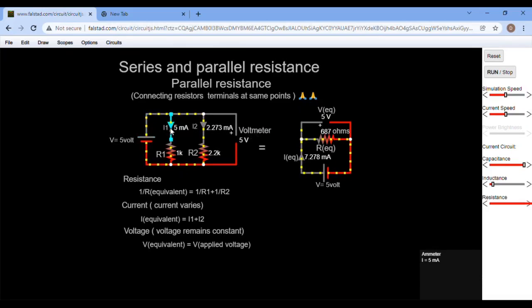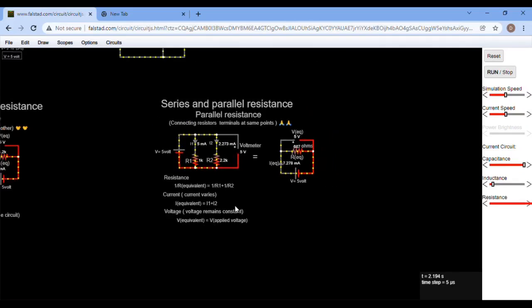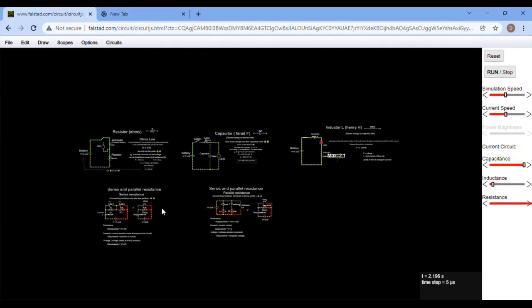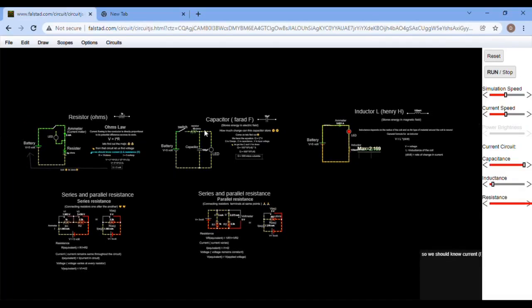When you add them up you get about 7.273, but this is approximate, because the answer for R1 parallel R2 is 687.5 ohms. This is the parallel connection of the circuit. So today we saw resistance, capacitor, inductor, and the serial and parallel connection of resistors.